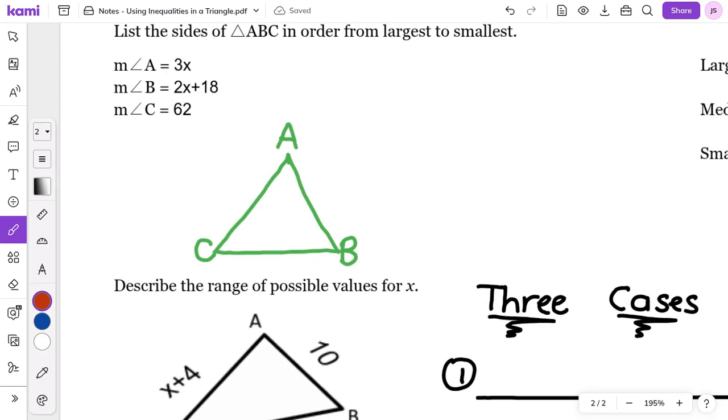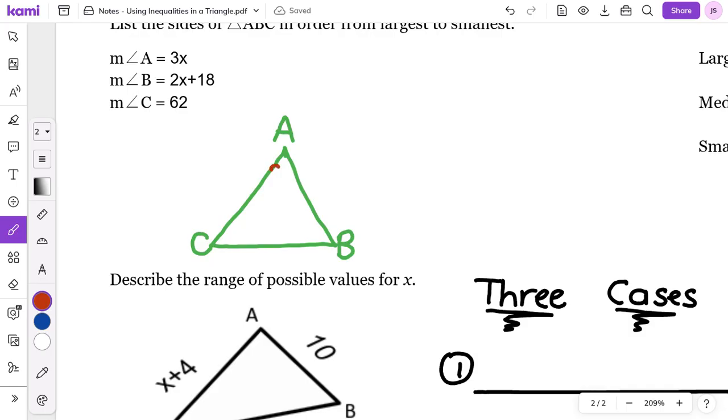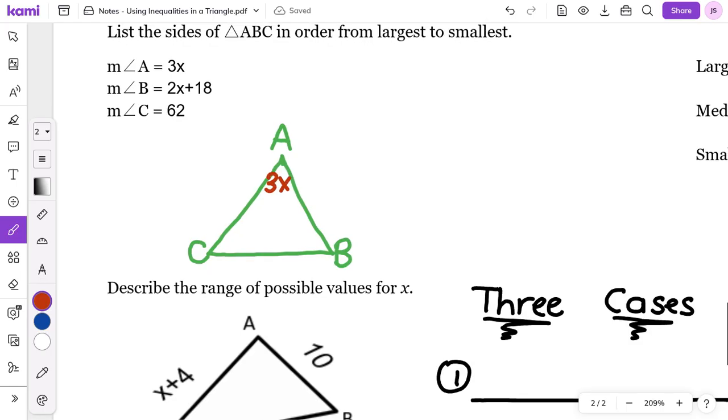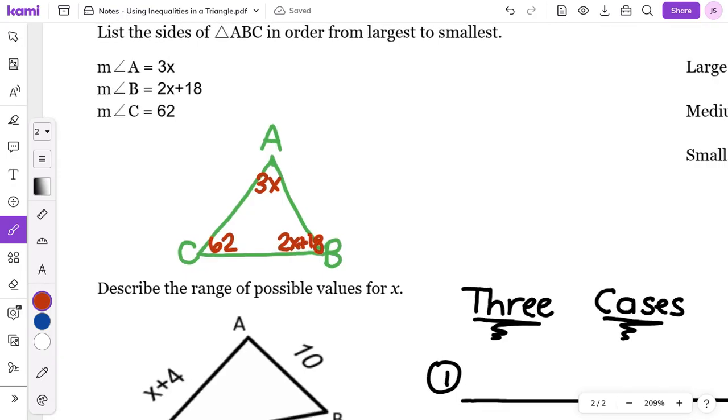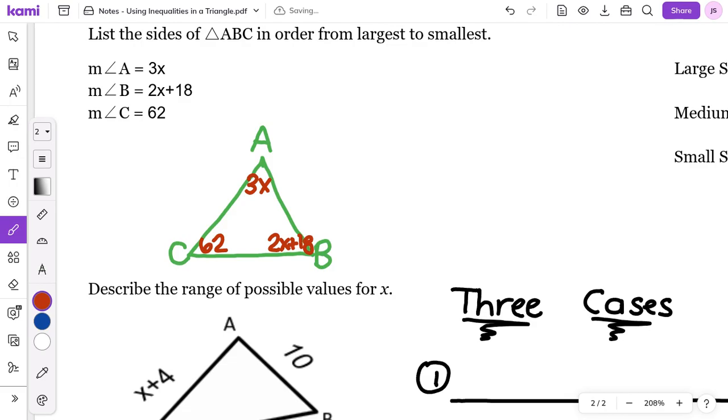So let's start with what we know. Well, angle A is 3x. Angle B is 2x plus 18, and angle C is 62 degrees. And we have to find a way to relate those, right? We can go back to chapter 4 and say, well, I know that the 3 interior angles in any triangle will add up to 180 degrees.